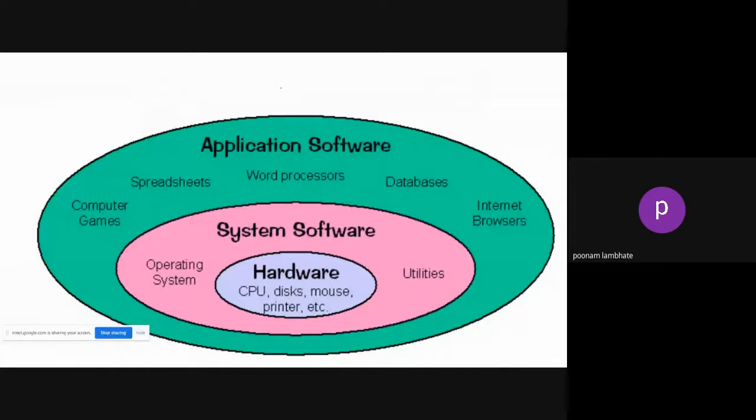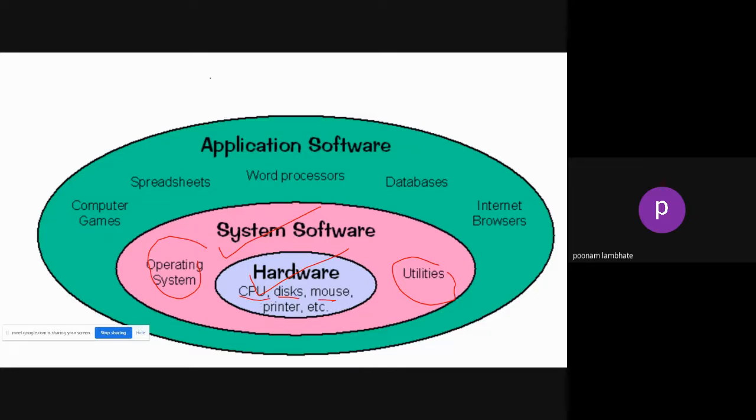So you have hardware in the interior at the core, and above that you have the system software. System software consists of two things: operating system and other functions. Hardware consists of the physical components that you can see, like disk, mouse, printer, CPU, the motherboard, storage devices, and all.